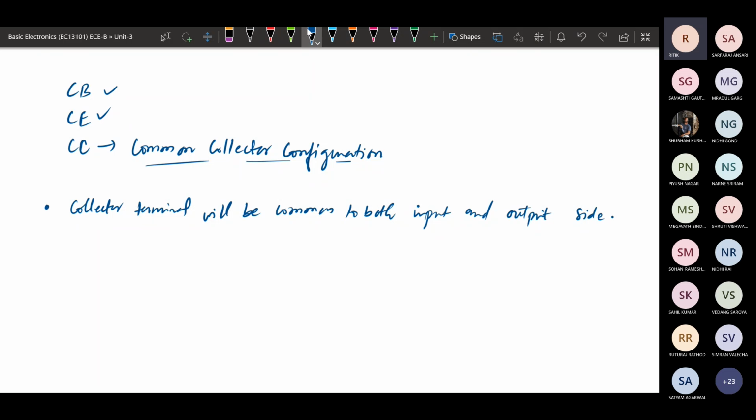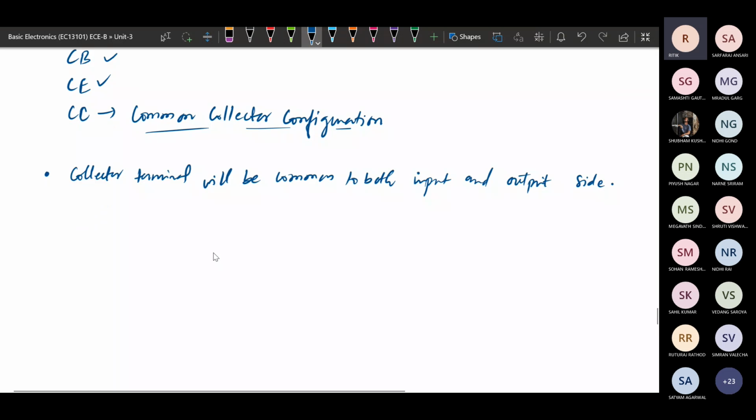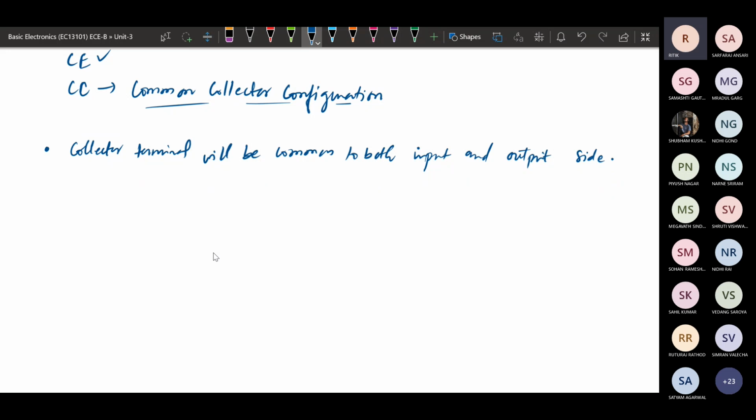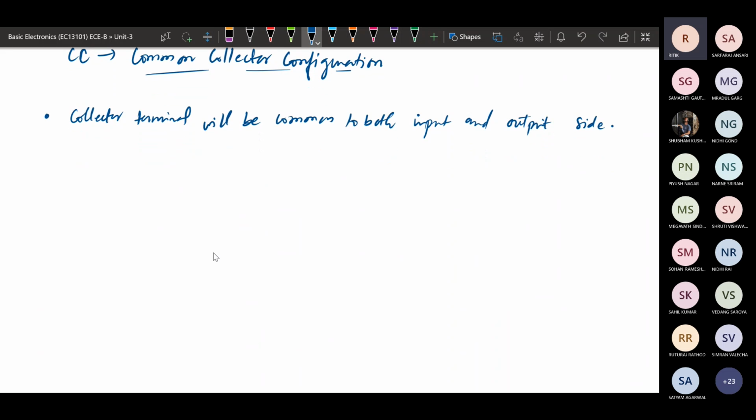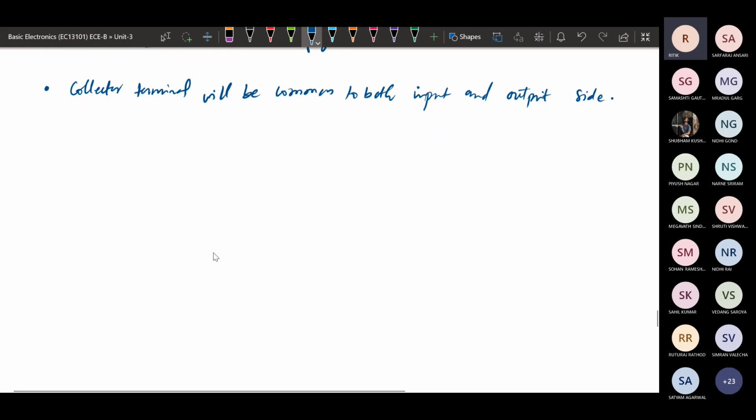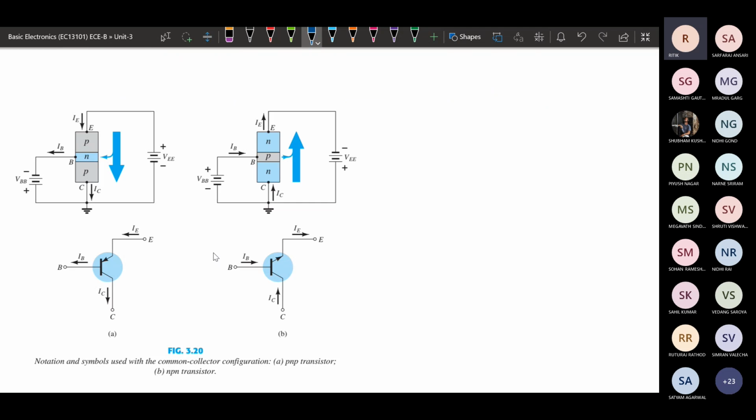Whatever configuration is there, we are going to have the collector terminal common between the input side and the output side. So the configuration in that case is given in the figure.